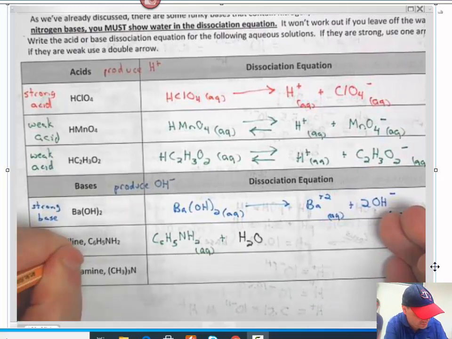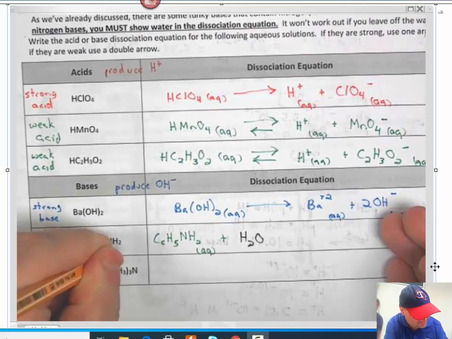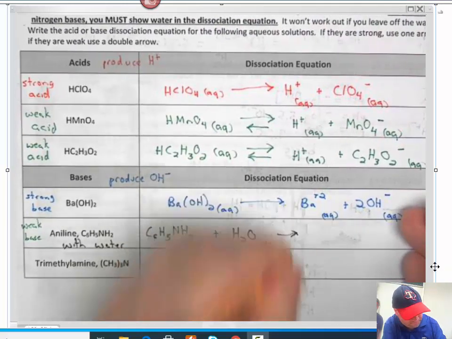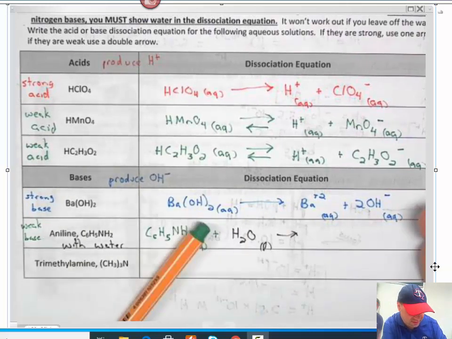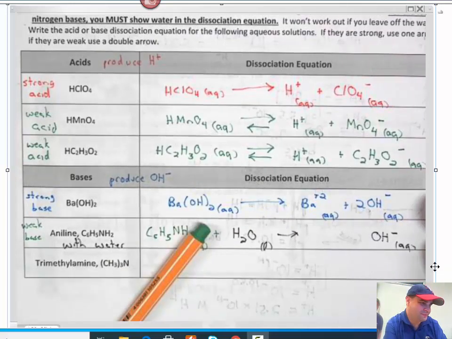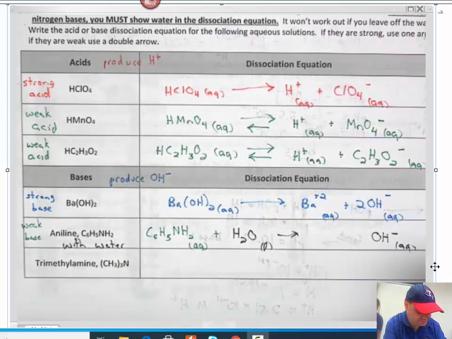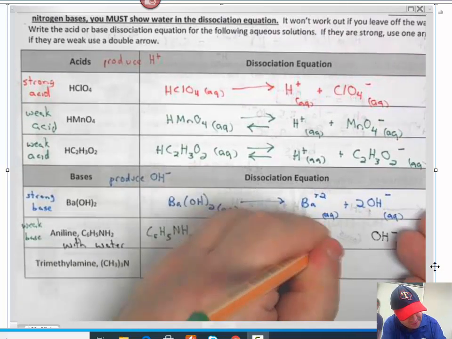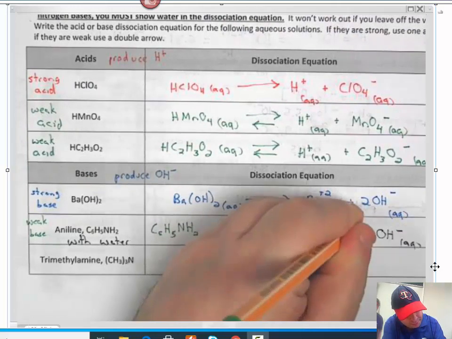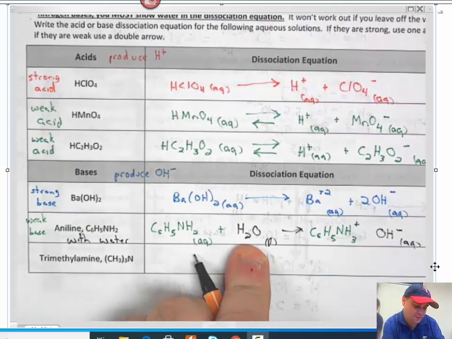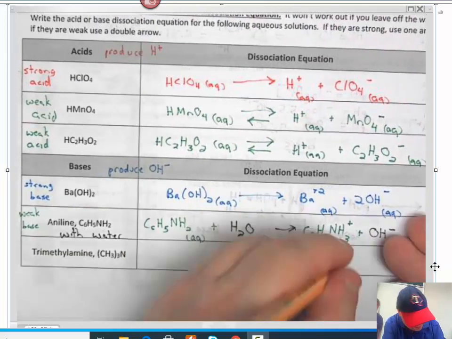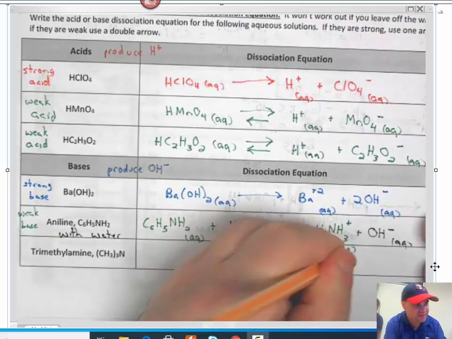So you need aniline with water. Because that way you are going to produce the OH minus, which is aqueous. Okay. And we are going to have C6H5NH3 plus. Because we take the OH minus from the water, that means the H plus joins with the aniline. So that's going to be aqueous there.